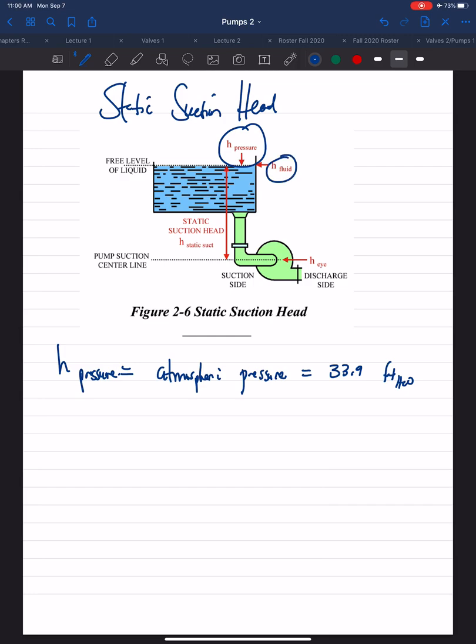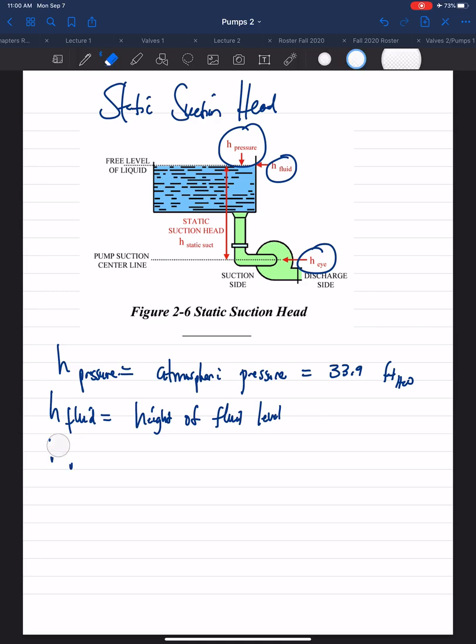We have our H fluid again, which is the height of the fluid level. And of course, our HI, which is the height of the eye of the pump.